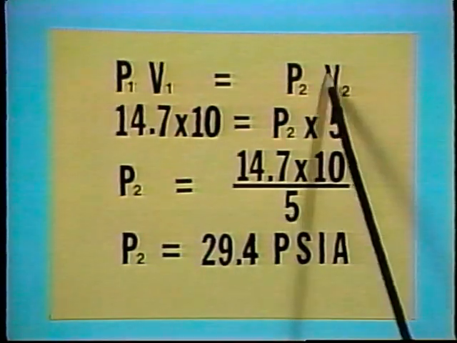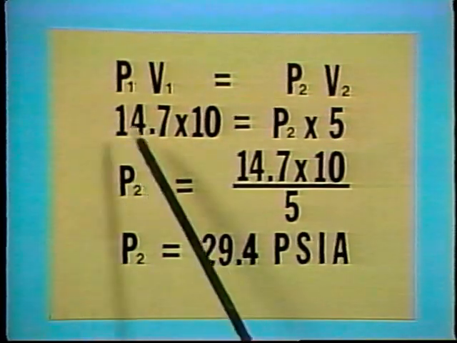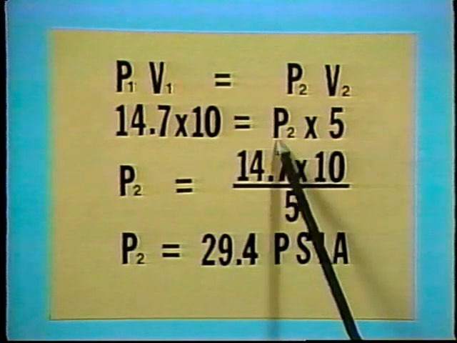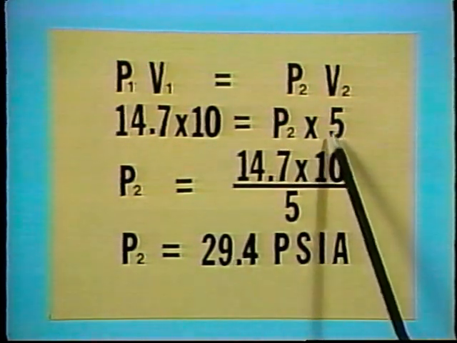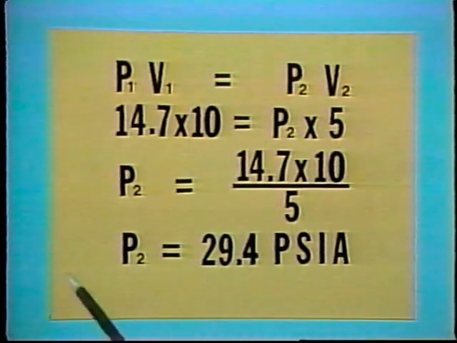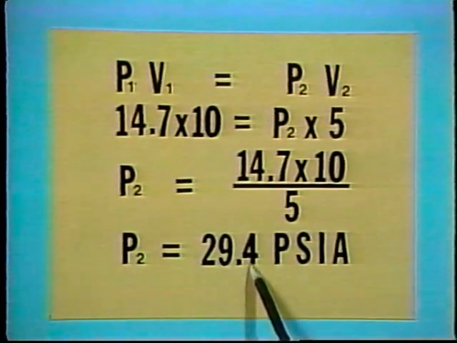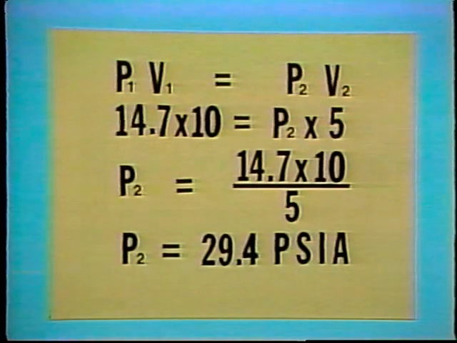Now we move the piston on the cylinder in until the volume is 5 cubic inches. Then if we substitute in the formula, we have 14.7 times 10 equals pressure 2 times 5. Finally, pressure 2 equals 29.4, which shows us that if the temperature remains constant, the pressure will vary inversely as the volume.